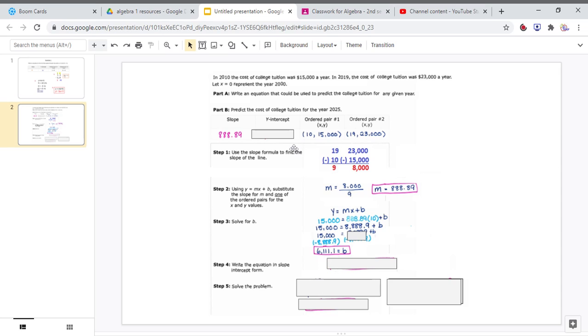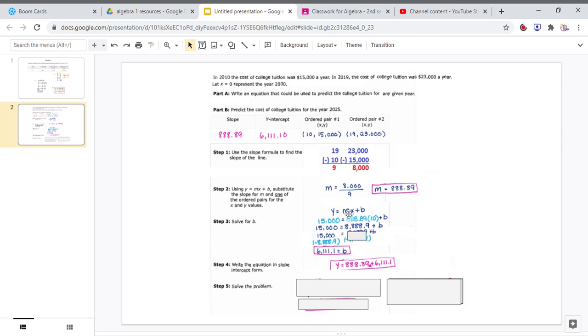So that gives us our b. So now we take our y-intercept, we'll write it up here. So now we have our information. We have our slope as $888.89 and our y-intercept as $6,111.10.